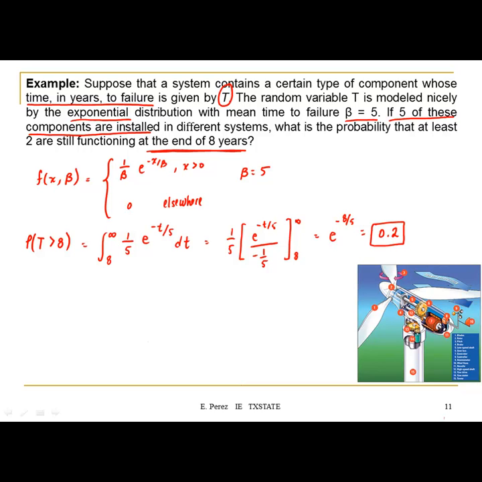So we know the probability of lasting more than 8 years, and we are interested in having at least this many successes. We know the probability, and we want to know that at least 2 are working after 8 years. Does that remind you about any other probability distribution? At least these many successes.